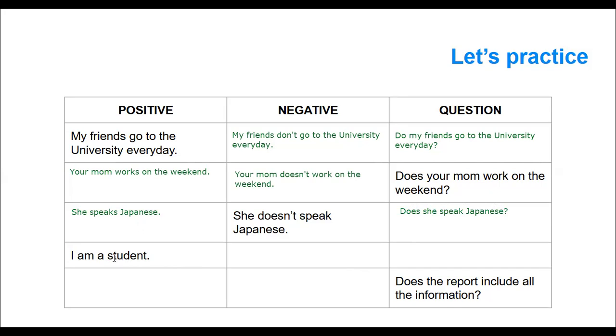Okay, this is positive and it is I am a student. What is the negative form? I don't a student. Like this? What do you say, Catherine and Roxana? Is this correct?